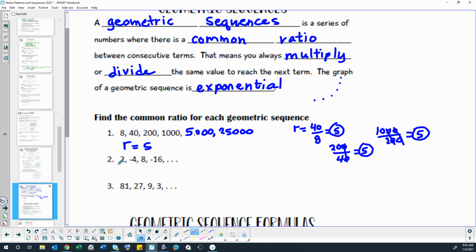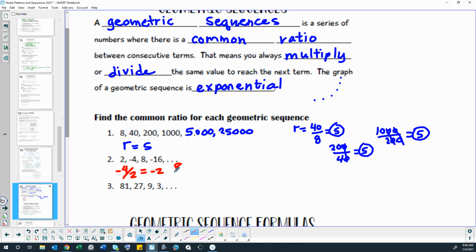Okay, next one. What can we multiply a 2 by to get a negative 4? What do we multiply negative 4 by to get 8? What do we multiply 8 by to get negative 16? Let's see what happens if we divide. Negative 4 divided by 2 is negative 2.